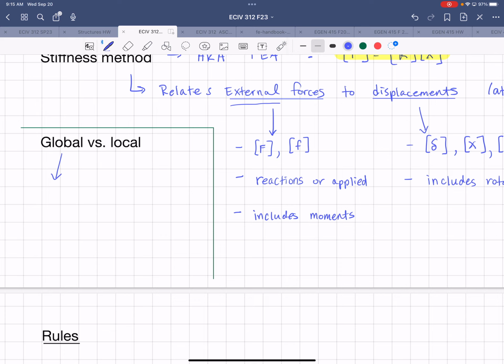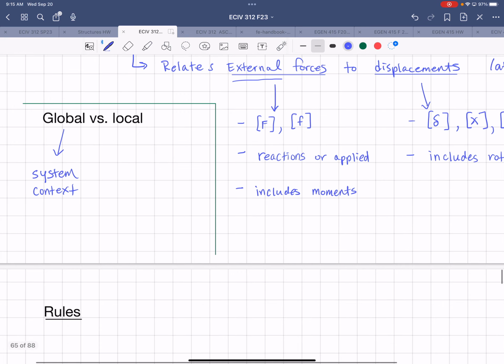And so when we're thinking in the context of the entire system, we need to have some global definitions to work with, right? So global is for system context. And then locally, we're interested in what's happening to the individual element axially, with regard to transverse deformations and rotations. So this would be like the element context.